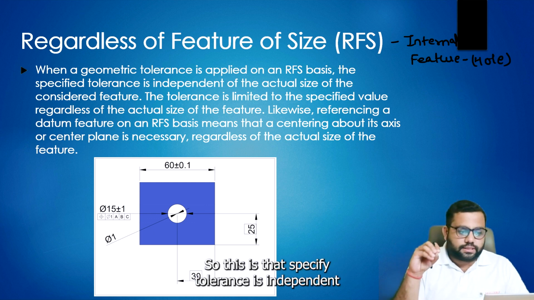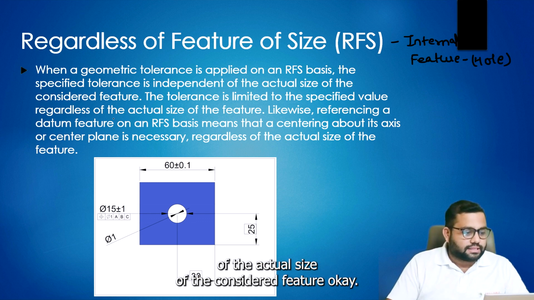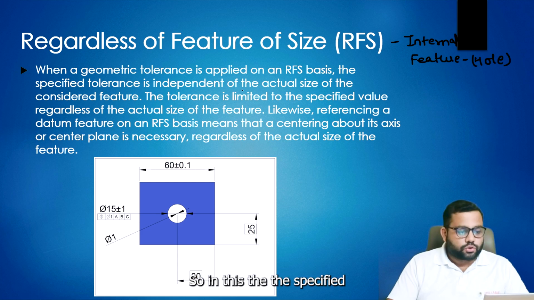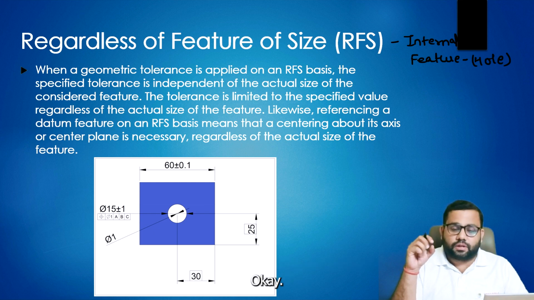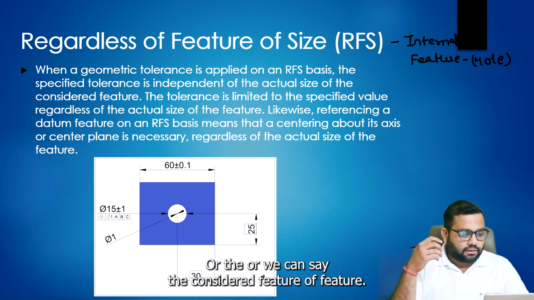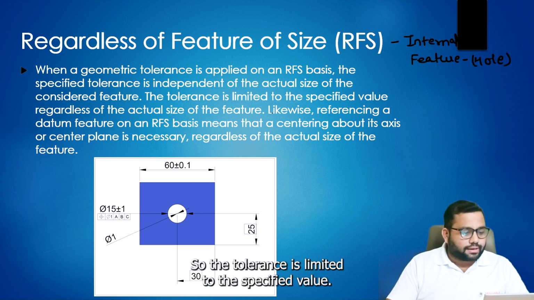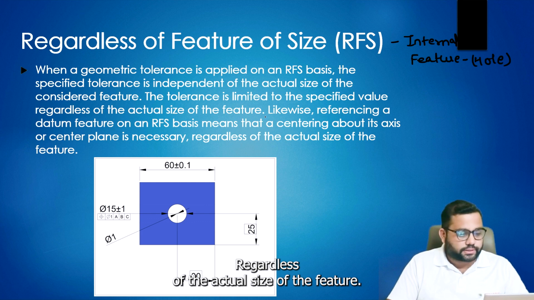On an RFS basis, the specified tolerance is independent of the actual size of the considered feature. So the tolerance is limited to the specified value regardless of the actual size of the feature.